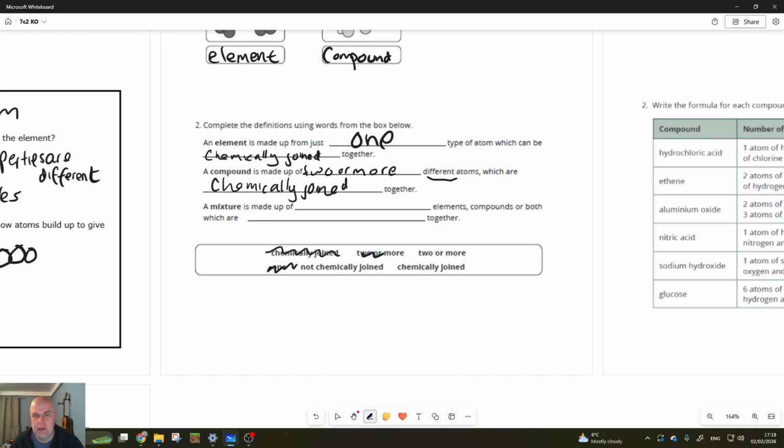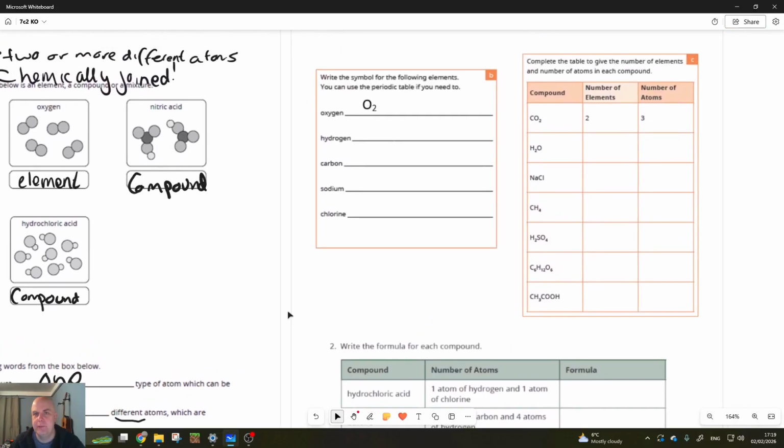Then a mixture is made up of 2 or more elements, which are not chemically joined.